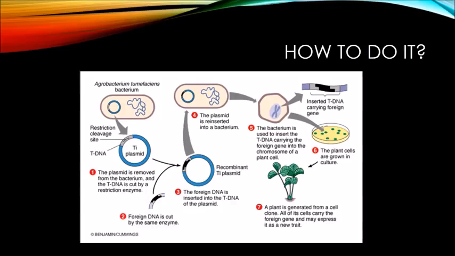After that, the plasmid will be put into the bacterium. The bacterium begins to reproduce, and later, the foreign DNA will be transferred into plant cells by bacteria. Without bacteria, the DNA strand will not be able to be transferred into the plant cells.